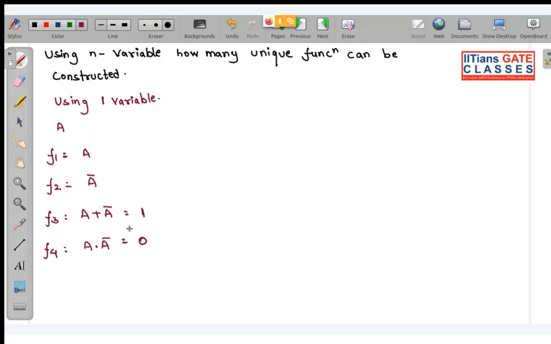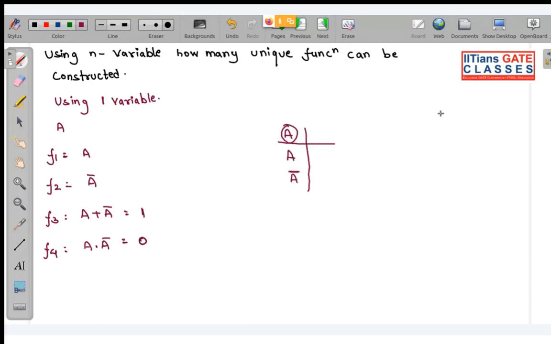Now look very carefully. This is a haphazard way of representation. If I want to represent this in tabular form, look how I am going to do it. First write A. A can take either simple A or the complemented form.